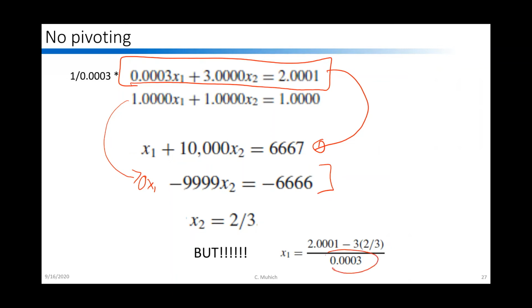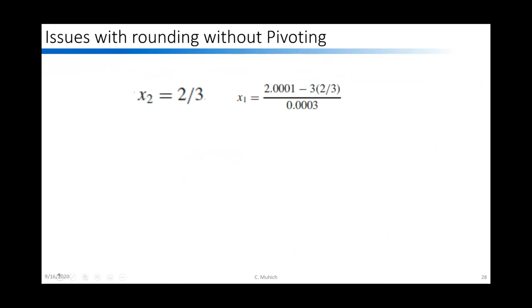This number is very small. And this number is irrational, right? I can't tell a computer 2/3. I need to put in some sort of decimal form. Let's see what's going to happen.